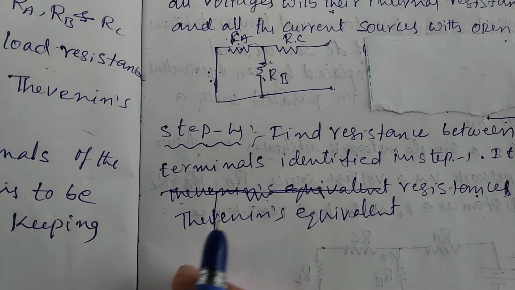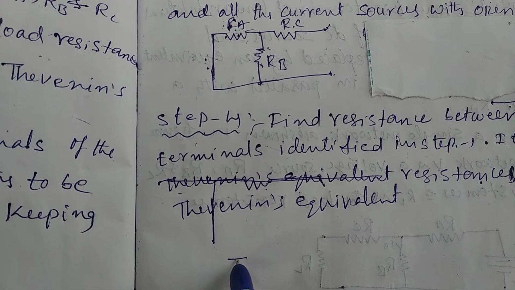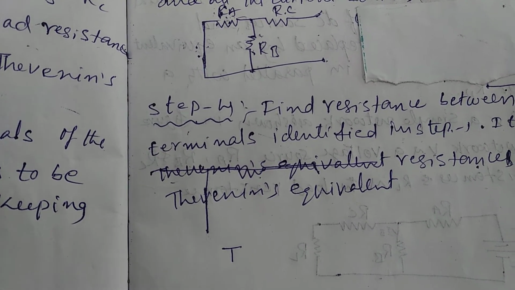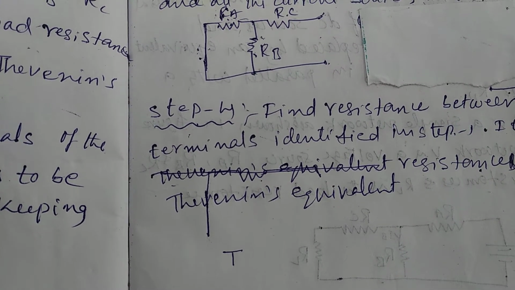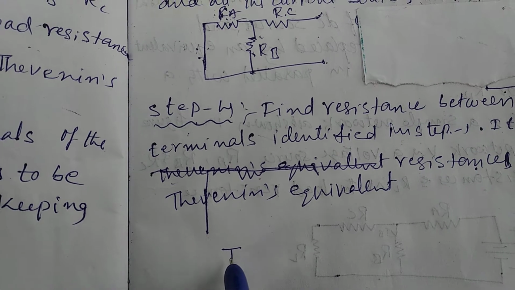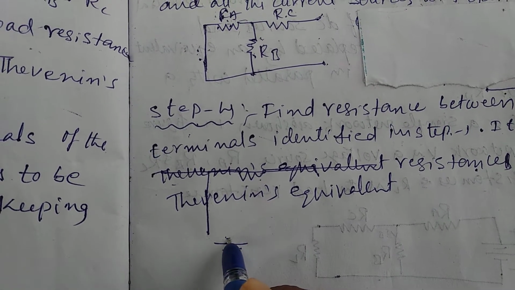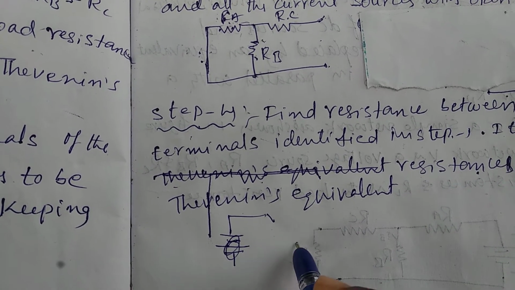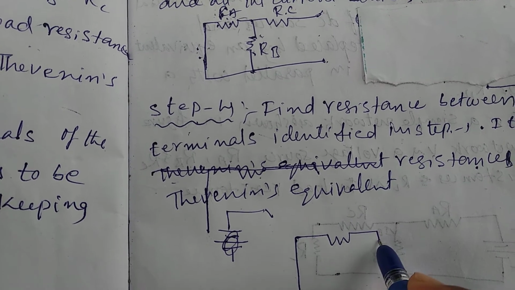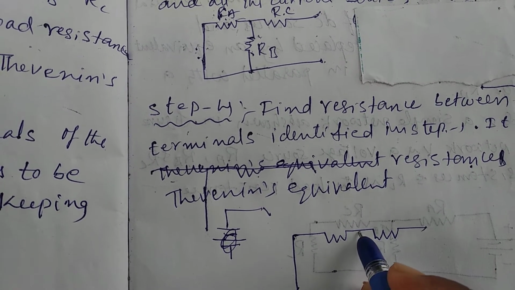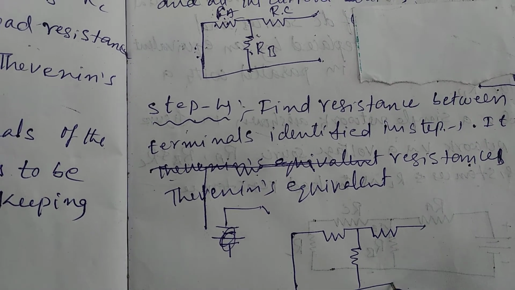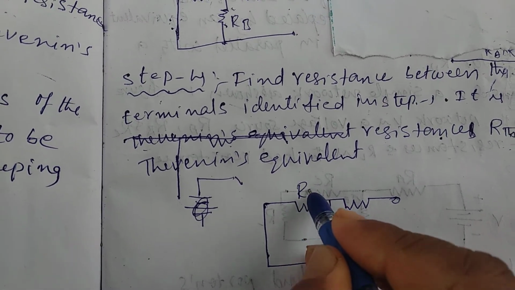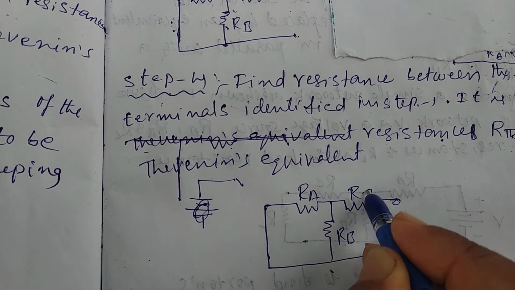I am drawing this diagram without the source, keeping the terminals open like this, with Ra, Rb, Rc.